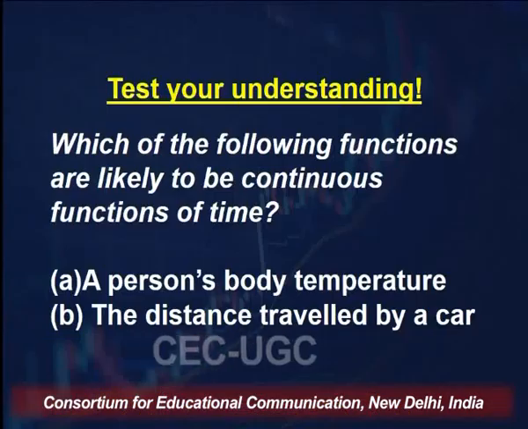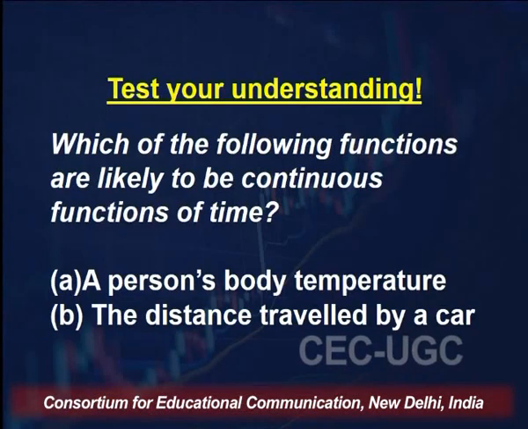What we'll do now is I'll walk you through this question, and I'll bring in certain phenomena, and let's decide whether these phenomena represented by functions of time represent continuous functions. So the first one here is a person's body temperature. Here again, if you've got the idea now, we're basically looking for jumps if possible.